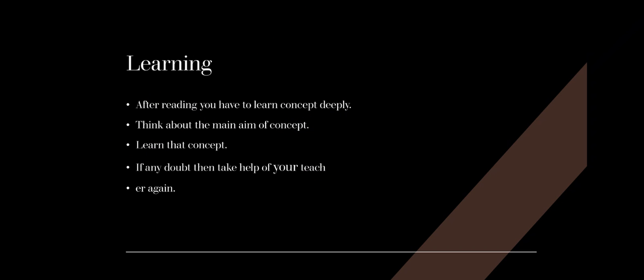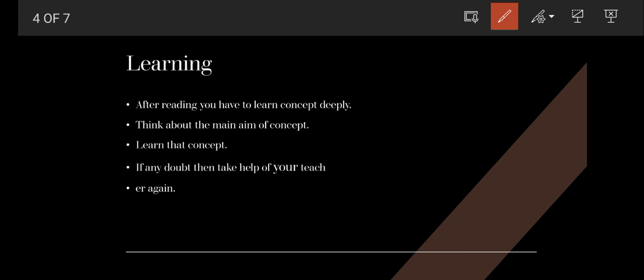Now next one is learning. After reading, the further part is learning. Now listen, when you read your textbook with proper attention, after that, learn that concept deeply. Deeply means what? You have to take the knowledge about that particular point deeply. आपको उसका brief knowledge लेना है. Second, think about the main aim of the concept, that means what is the main goal of that concept.